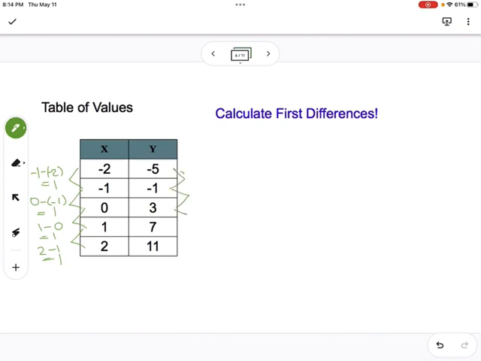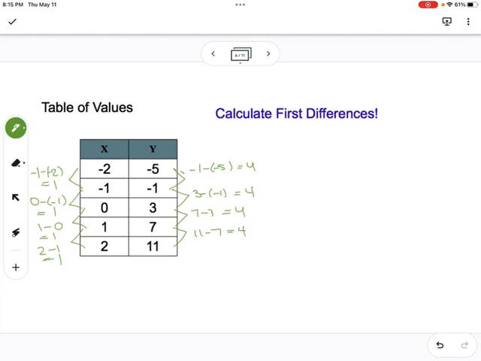Now looking at the y values: negative 1 minus negative 5 gives us 4, 3 minus negative 1 gives us 4, 7 minus 3 is 4, and 11 minus 7 is 4.